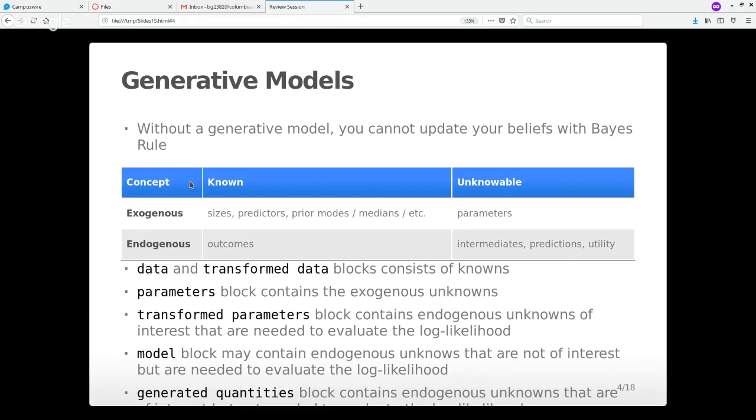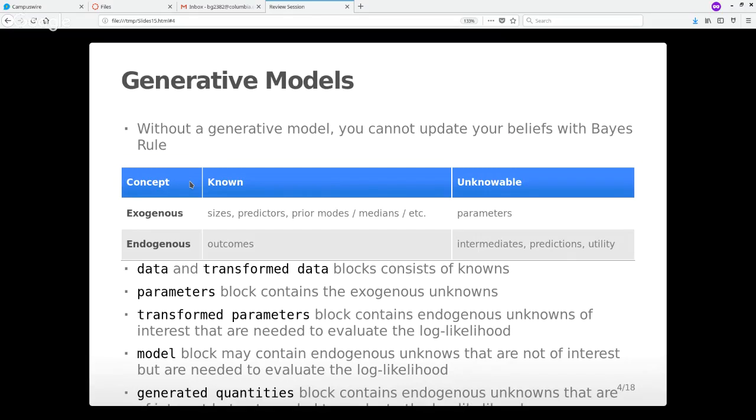Definitely the exogenous knowns should go into the data block. We can use the transformed data block to draw endogenous knowns if we're doing something like SBC. Otherwise, if we're just conditioning on data that we've collected, then the data block would also contain the endogenous known values.